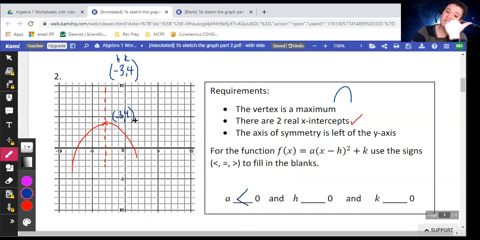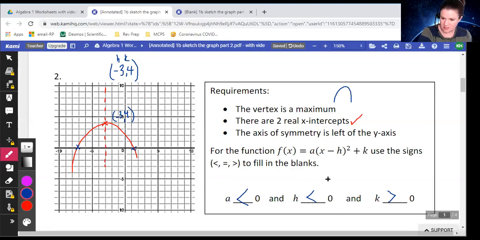Since we moved to the left, that means that H is negative. So H is going to have to be less than 0. And K, since we had to make it cross 2 times, that means it had to start above. So that means that K is going to be greater than 0.